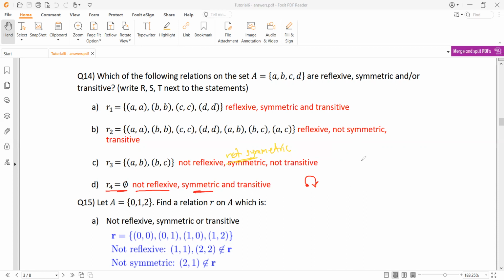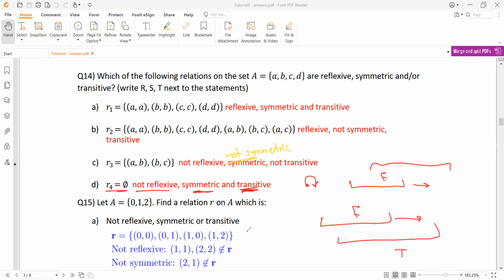But it is symmetric because I will fail to find the left side of the implication, and if the left side of the implication is false, the overall implication is true. The same for transitivity. I will fail to find the left side of the implication condition for transitivity. If the left side is false, the implication overall is true, which means that this is transitive. Okay?